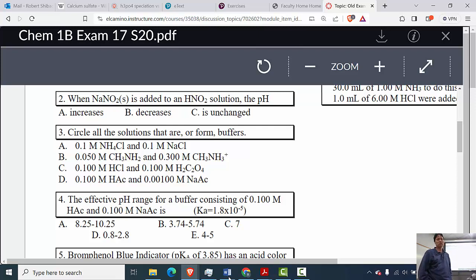Buffers, they don't necessarily have to be conjugate bases and acids to be buffered? Right. Okay. They don't. Sometimes, if you have a strong acid and a weak base, we might have a buffer because if we can neutralize all the strong acid, there's no more strong acid left. And if the weak base gets converted into its weak conjugate acid, then we'll have a weak acid, weak base mixture.